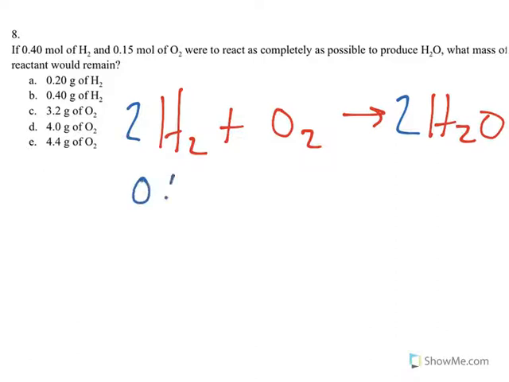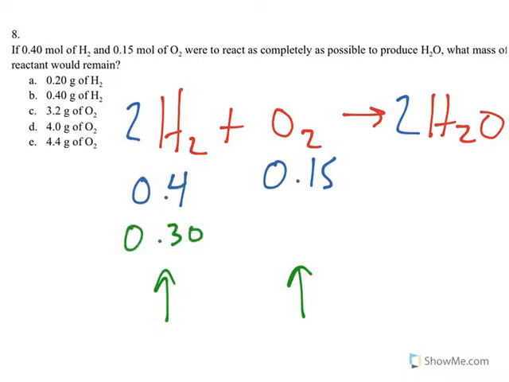You're putting in 0.4 mole of this and 0.15 mole of this. In order to determine the limiting reactant, let's think about which one's going to run out first. If you only have 0.15 mole of O2, the H2 is being consumed twice as quickly because of the coefficient of 2 out front. So you're going to need twice as much. You would need 0.3 mole of H2 to react with all of the 0.15 mole of O2.